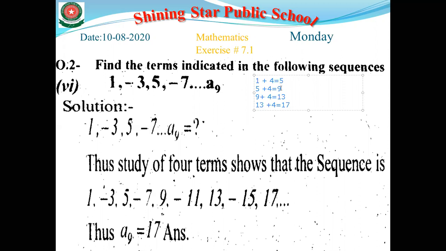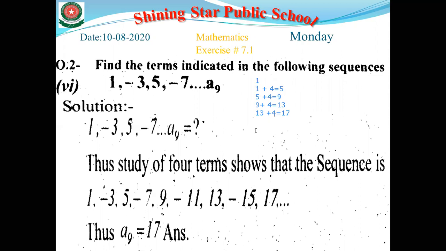Now we find the terms: first term, third term, fifth term, seventh term, and ninth term, the odd numbered terms. Now we can find the even numbered terms.